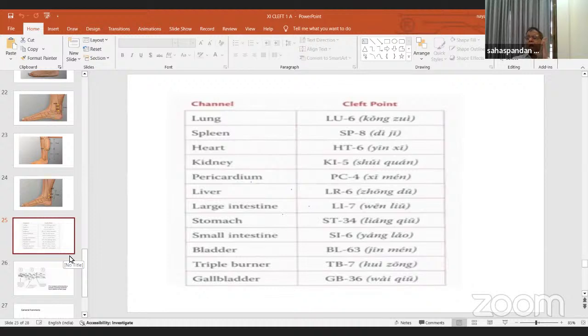Xi-Cleft points have the ability to regulate the flow of qi in the channels. It is important to remember that they are by no means the only points with this ability.